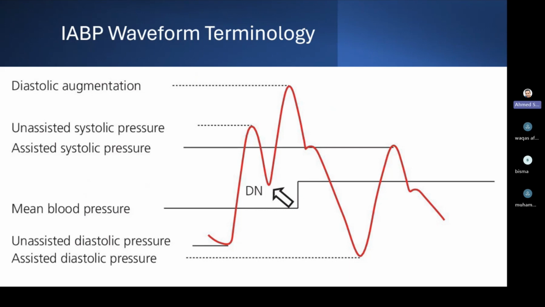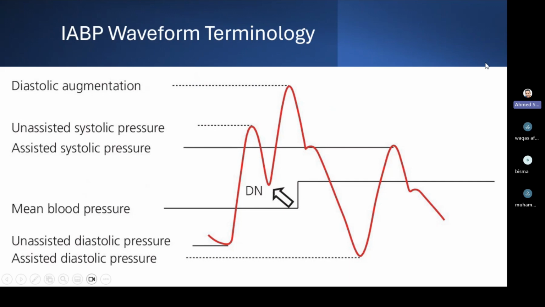Vacuum effect means the balloon was inflated, causing pressure inside the aorta. When the balloon deflates rapidly, it will make a vacuum or negative pressure inside the aorta, so all the pressures inside the aorta will come down.